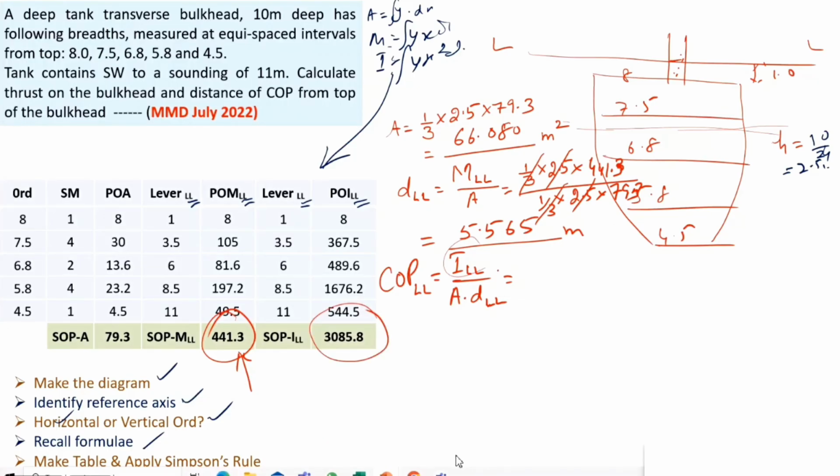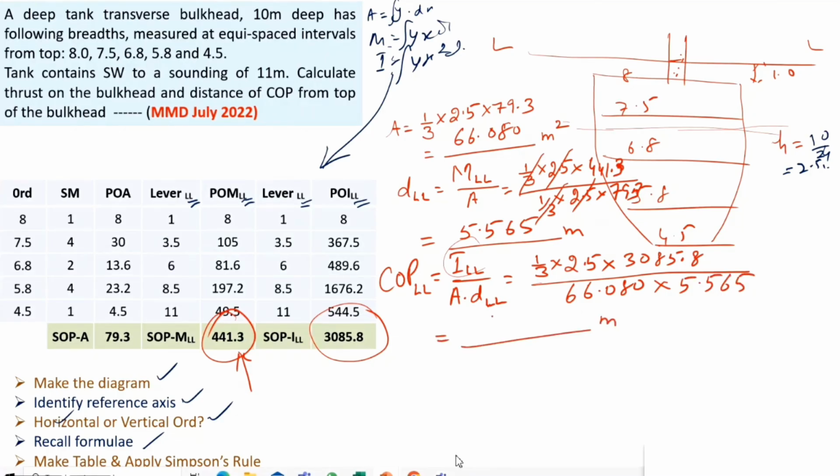So you'll get the ILL by applying Simpson's last step: coefficient 1/3, common interval 2.5, SOP inertia 3085.8. This becomes the ILL. Divide by area 66.080, also divided by DLL 5.565, and you get COPLL. How much does it come to, beta? 6.992. This is from the liquid level.